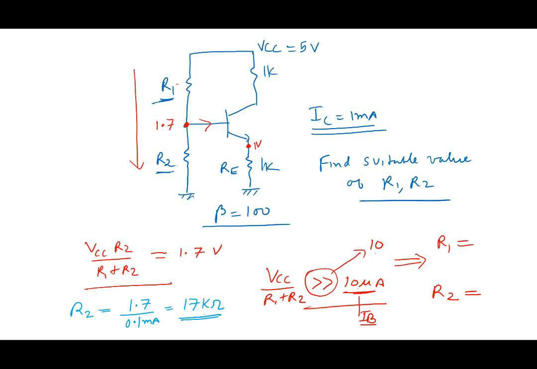R2 of 17 kilo ohm. R1 is how much? 33. Okay, so check that. R1 is 33K and this is 17 kilo ohm, if we assume this particular factor of 10.